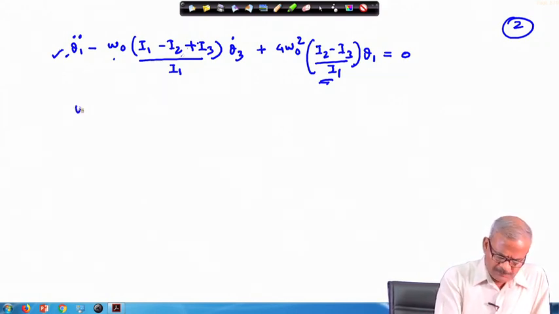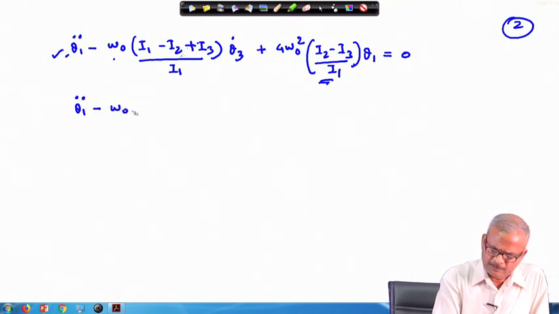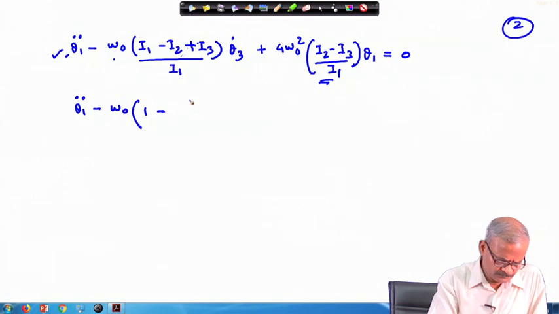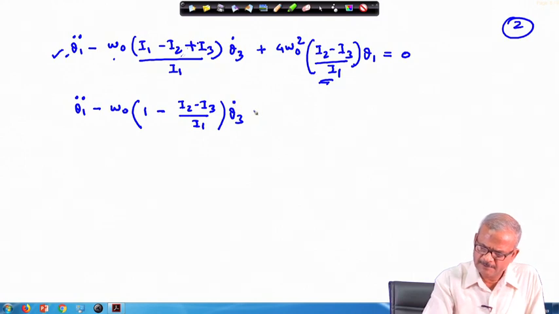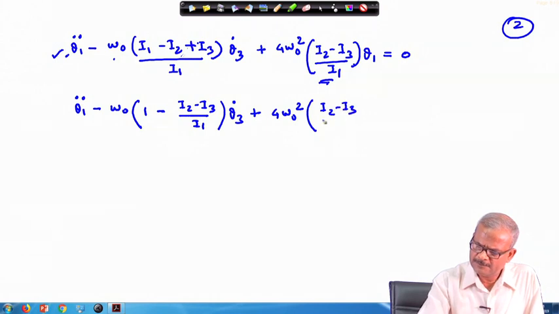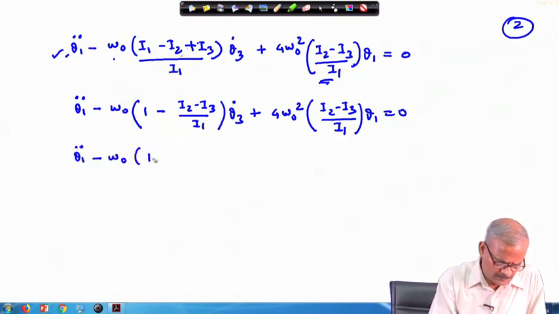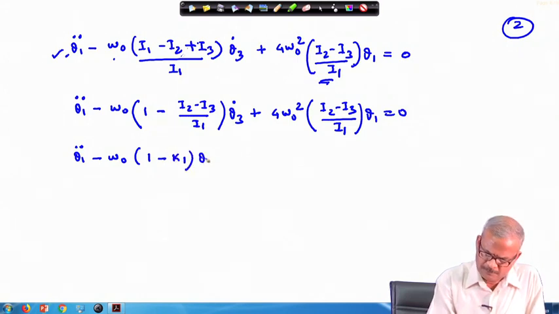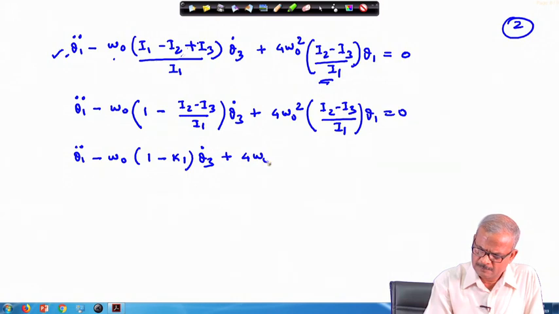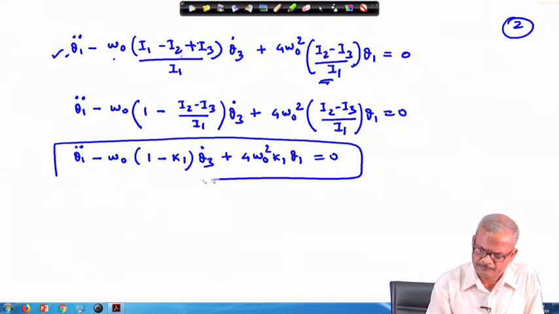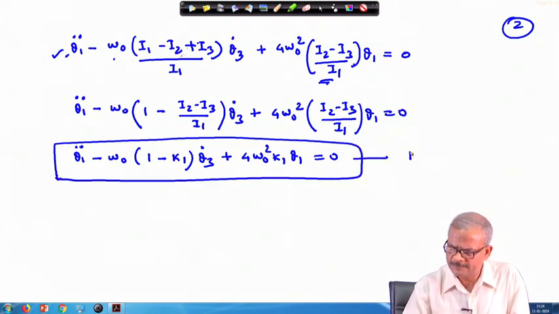So we can brief this as theta 1 double dot plus (1 minus (I 2 minus I 3) divided by I 1) times omega 0 theta 3 dot plus omega 0 square (I 2 minus I 3) divided by I 1 times theta 1, this equal to 0. Let us say this is equation number 1.